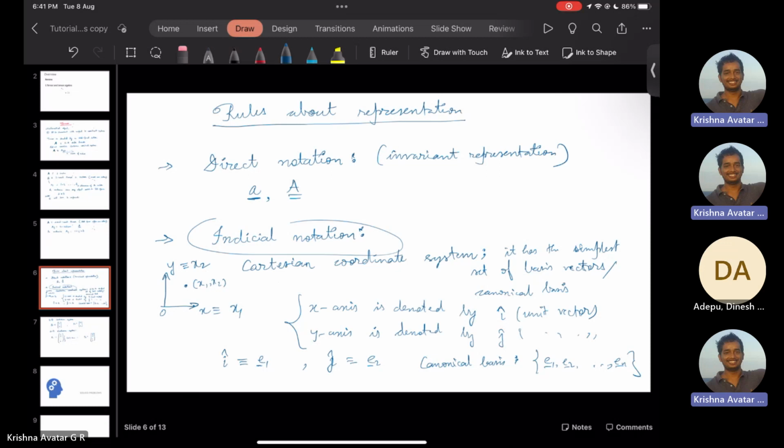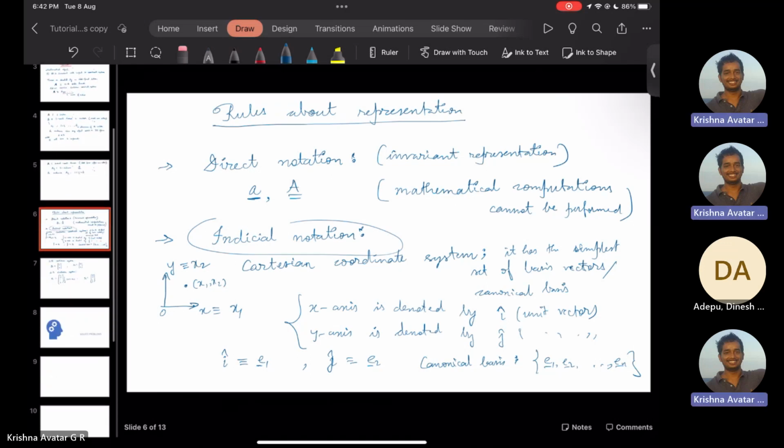However, it suffers from certain issues, such as that mathematical computations cannot be performed in this notation. So that's the reason why indicial notation is required.